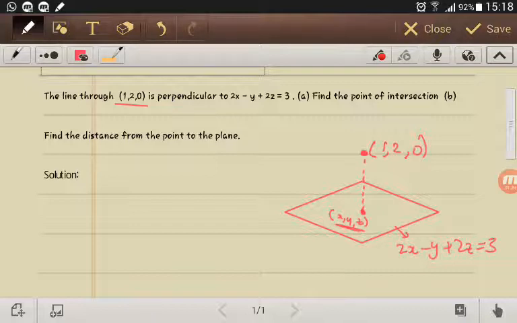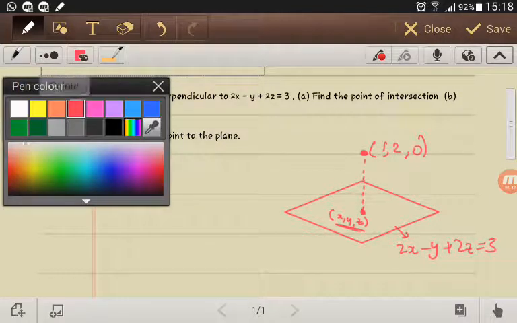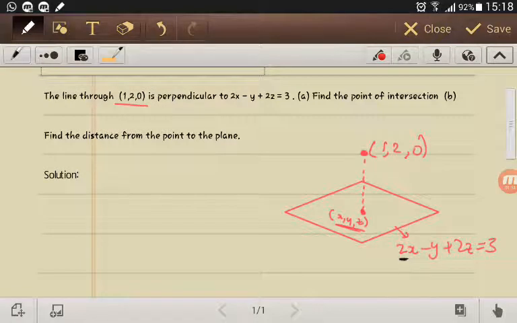The way you're going to do this is to know the property of a plane. We know that in a plane, this 2, minus 1 and 2 represents the normal vector. The normal vector is a vector which is perpendicular to the plane. So the normal vector is the same throughout the plane.